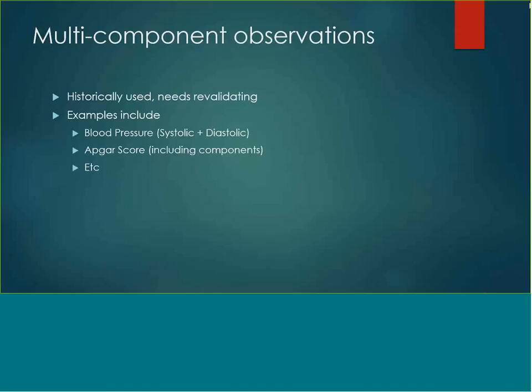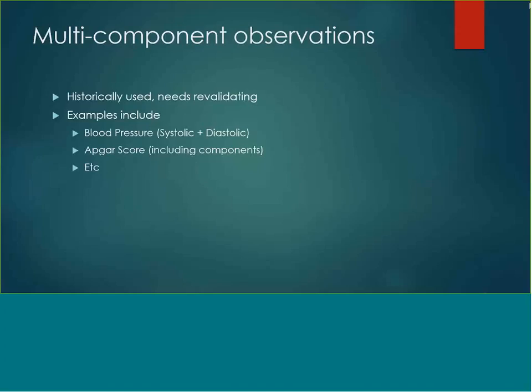So a blood pressure might be a systolic and a diastolic. An APGAR score might have the component parts of an APGAR score as components of a larger observation. There's different ways that can be done. I'm not saying that's how it would be done, but sometimes observations are more than just a single data point.